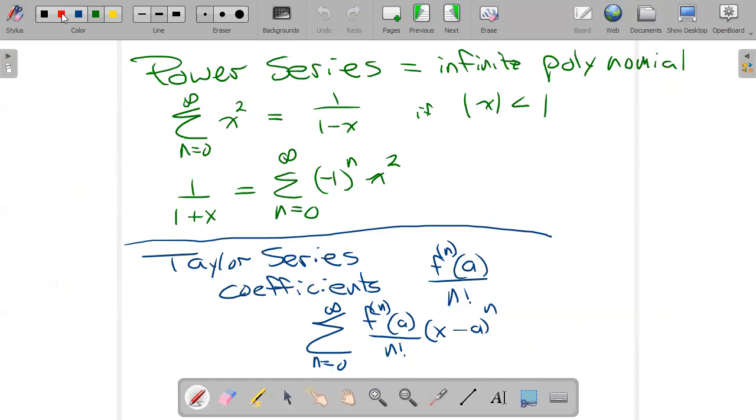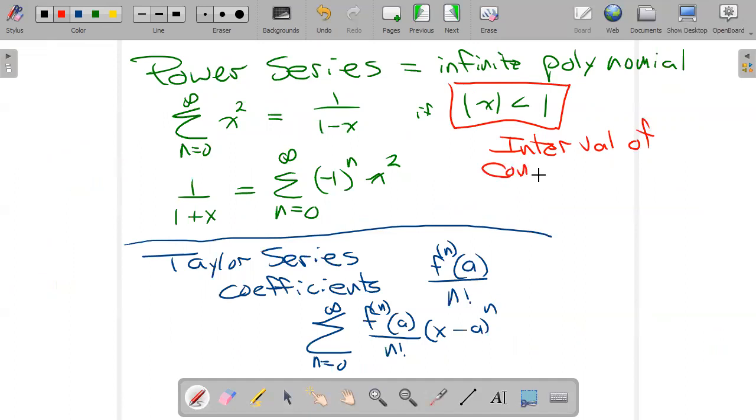Important thing about power series is finding an interval of convergence. What is our most powerful tool for identifying an interval of convergence? The ratio test.